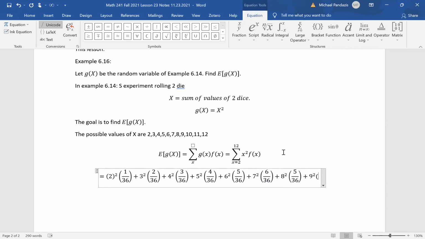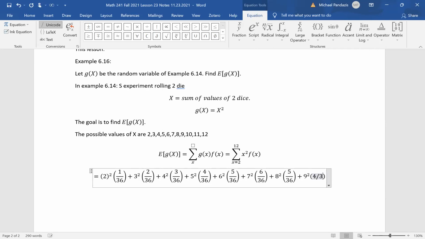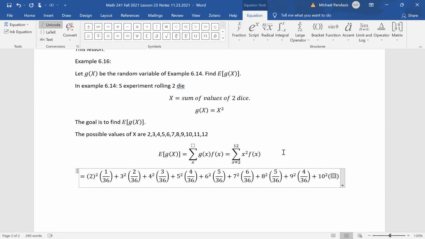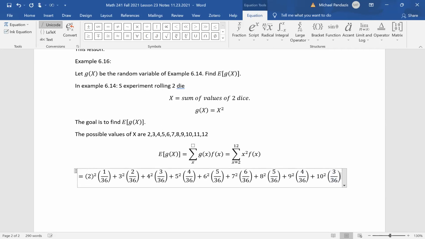Plus 9 squared times the probability that the sum is 9, and it's 4 over 36, plus 10 squared times the probability the sum is 10, which is 3 over 36, plus 11 squared times the probability the sum is 11, which is 2 over 36, plus 12 squared times the probability the sum is 12, which is 1 over 36.